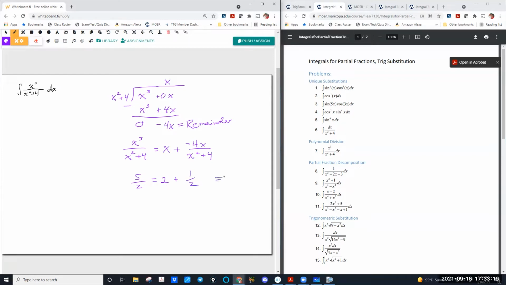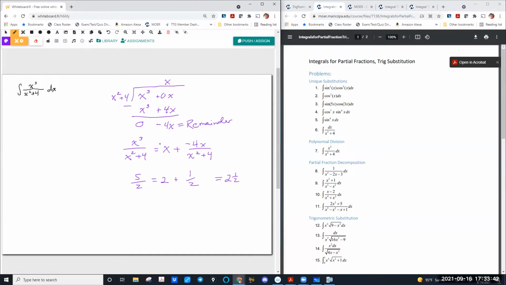So as a mixed number, 2 and 1/2, which is 2.5. This is the same thing, guys. It's pretty cool, right? We've been doing it with numbers for years. We can do the exact same algorithms with polynomials. It's really cool.